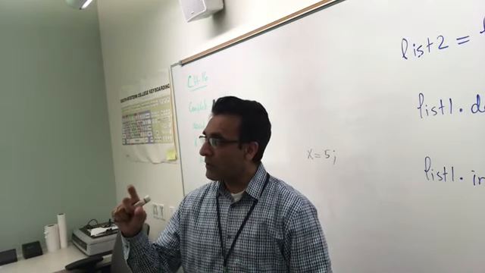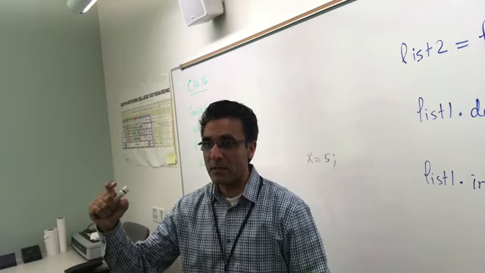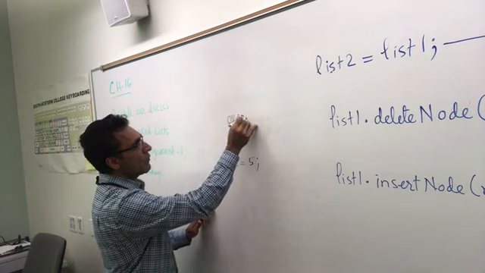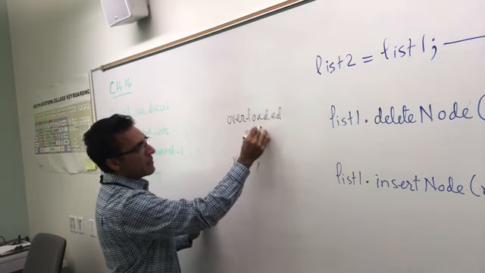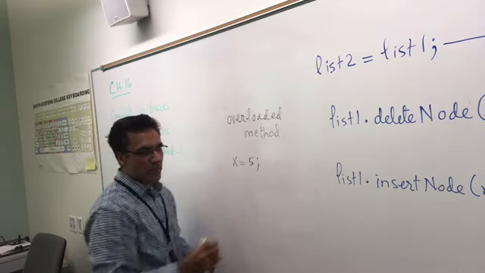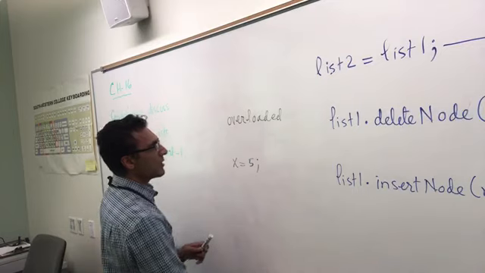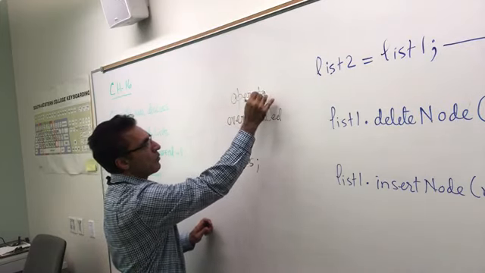So there's an overloaded method. As soon as we go to circular list, the first thing you will see is an overloaded method. This is the term I'm using, overload or overloaded methods. Overloaded method means, in this case, I should call it an overloaded operator. So operator overloading.